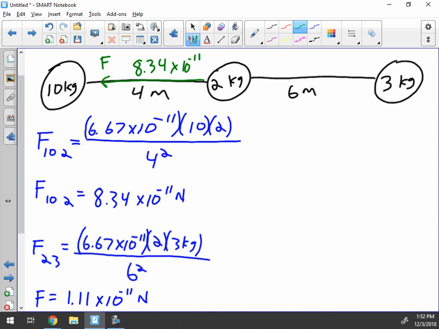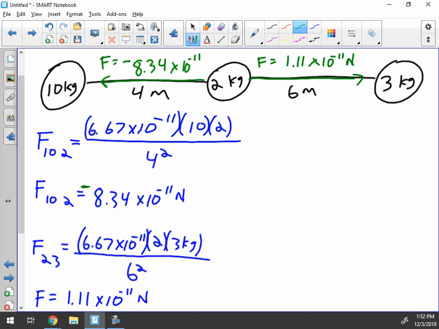I would call this negative because it's getting pulled to the left. So I do have to put this negative in here. And then it's getting pulled to the right by the 3 kilogram object, with a force of 1.11 times 10 to the negative 11 newtons.